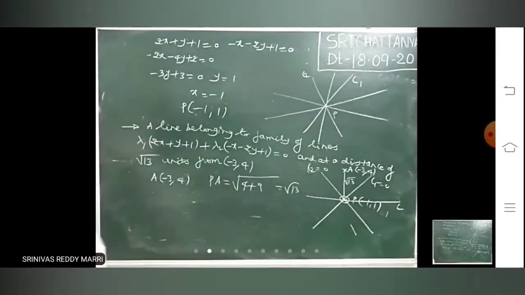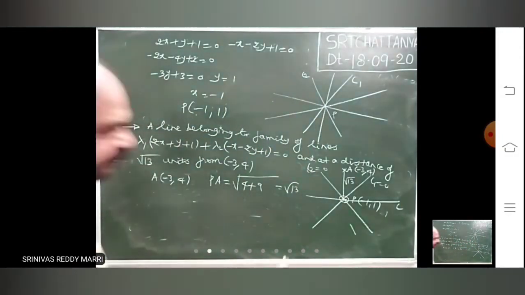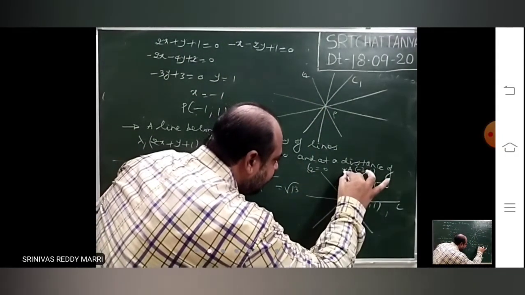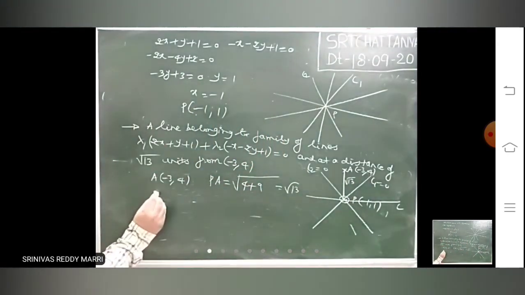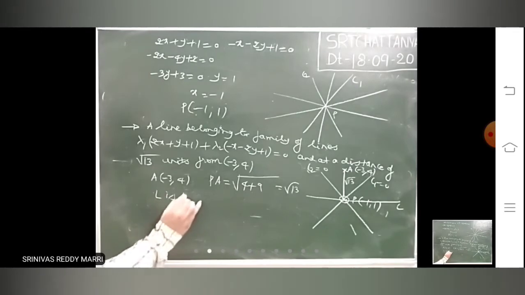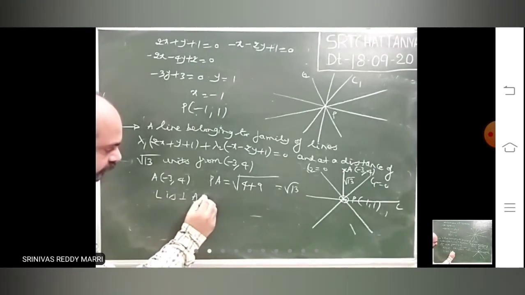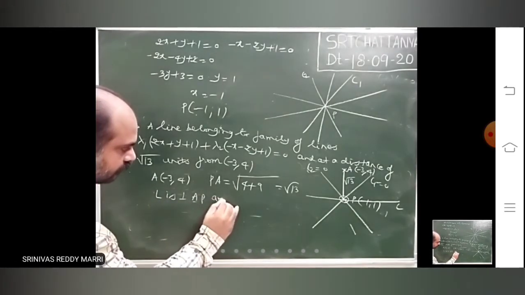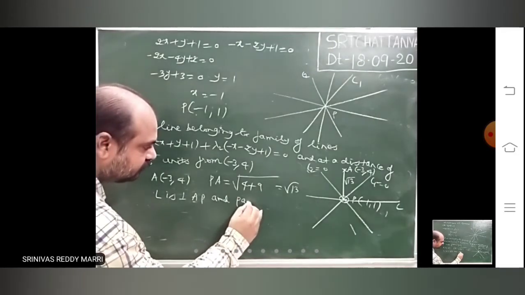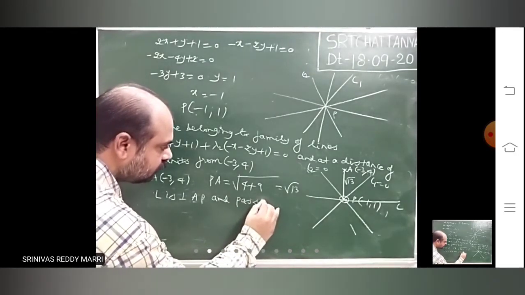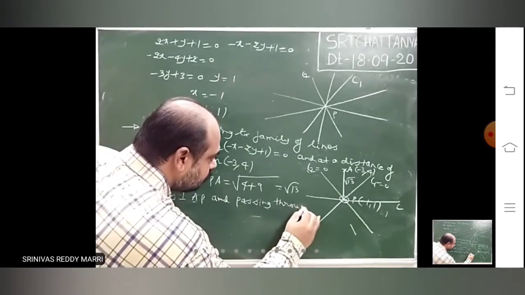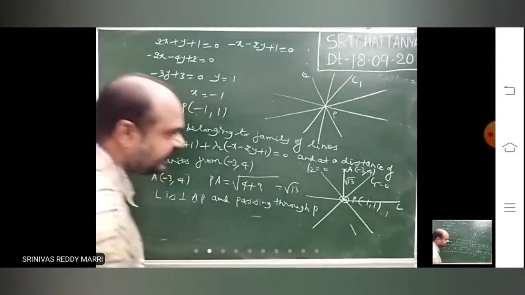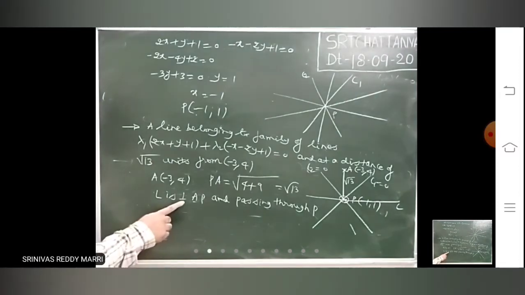This is the required line which belongs to that family and is at a distance of root 13 units from A. The required line L is perpendicular to AP and passing through P.